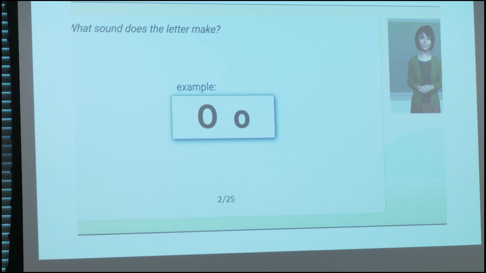Please say the sound made by each letter I show you. For example, for the letter O, you would say, ah. Okay, now it's your turn. Go.